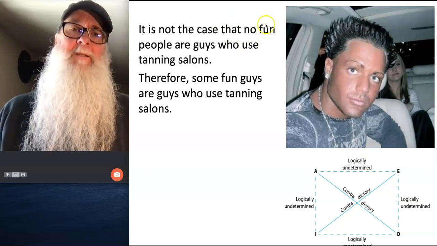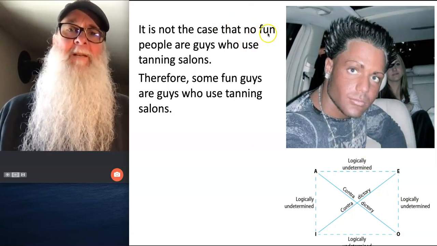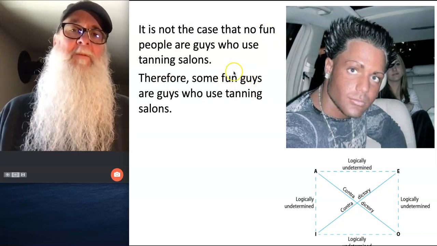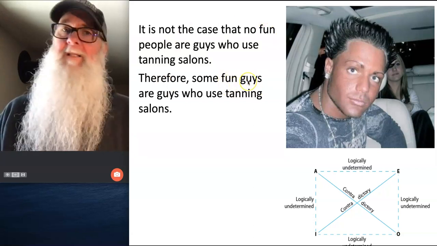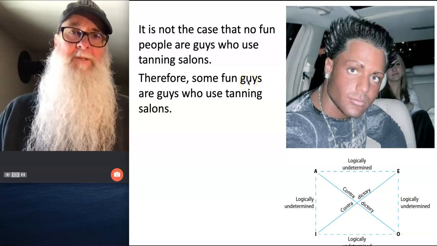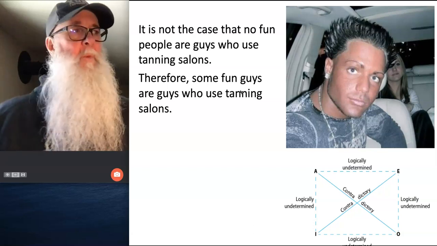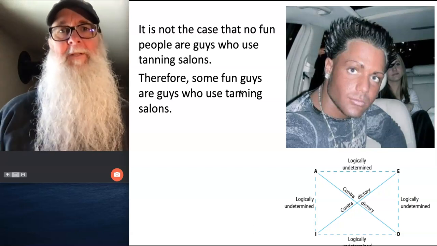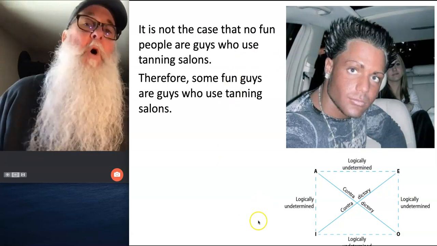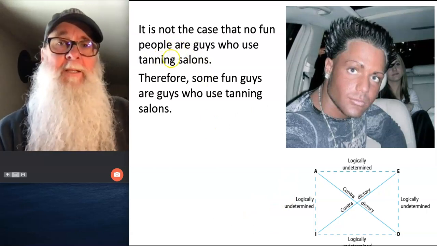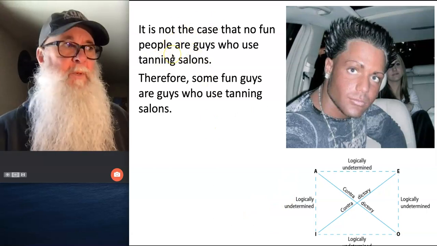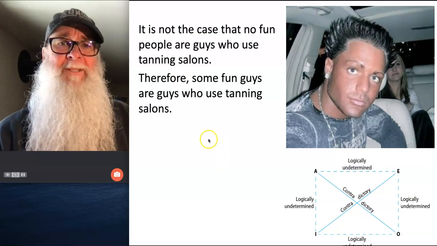The subject term of the premise statement is fun people, and the subject term of the conclusion statement is fun guys. Those are not the same terms, okay? So if the terms don't match up exactly, we can't use the rule of contradiction. So we don't know whether or not the conclusion follows logically from this premise statement because we don't have anything at our disposal to be able to test the argument.